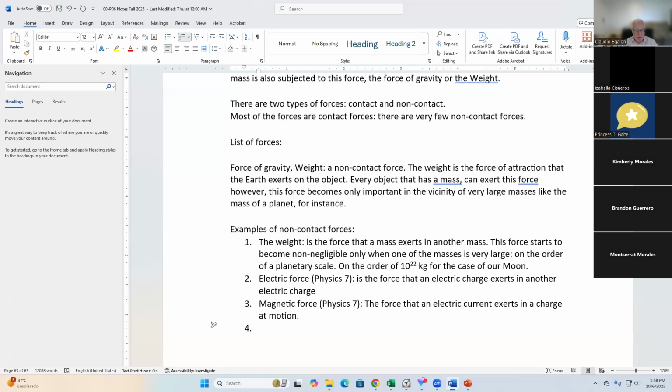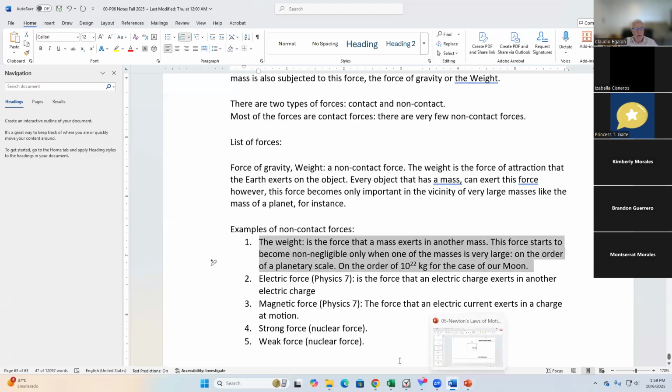Then we have fancier non-contact forces that we won't be able to cover, but it's important that you know. We have the strong force, which is a nuclear force, and we have the weak force, which is also a nuclear force. Those two forces were discovered only in the 20th century. It's recent stuff. Okay, so let's just concentrate on this non-contact force.